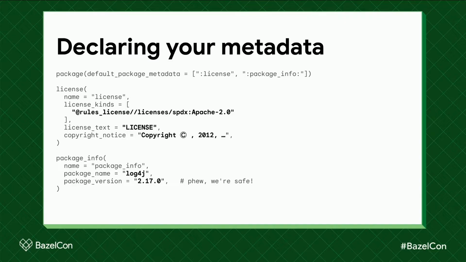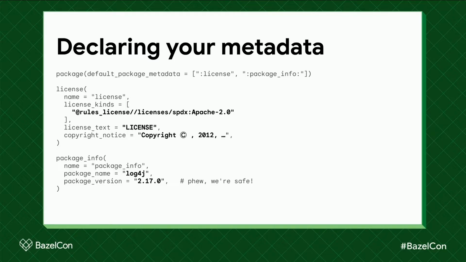There is an attribute, default_package_metadata, that contains a list of targets. And these targets are just rules that really don't do anything. They just provide a provider to wrap up the information contained in them. Licenses typically have things like, I'm declaring myself as under Apache 2. You can use me freely. And here's my copyright notice.